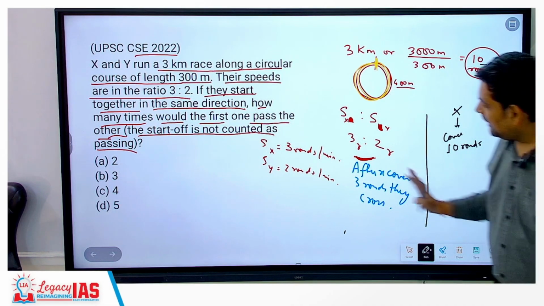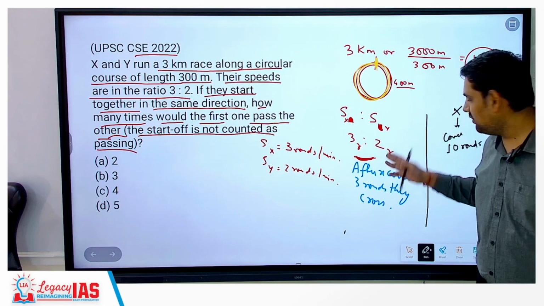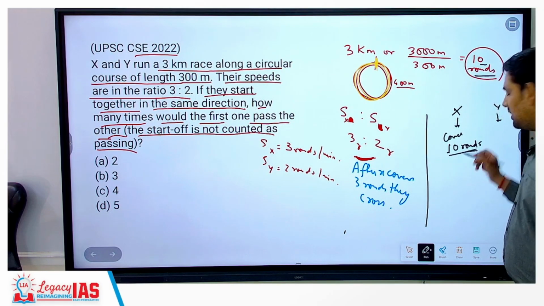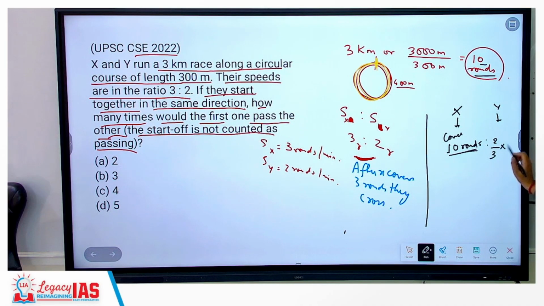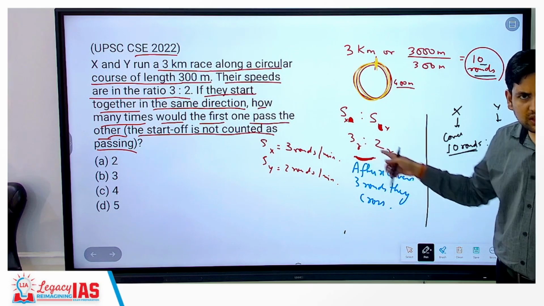When x covers 3 rounds, y covers 2 rounds. When x covers 10 rounds, how many rounds will y cover? So y will cover 2/3 into 10. Because their ratio has to be 3:2.